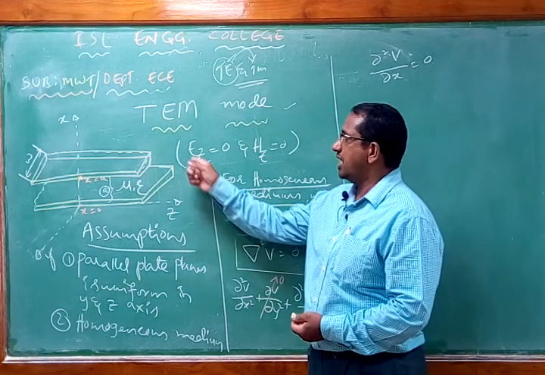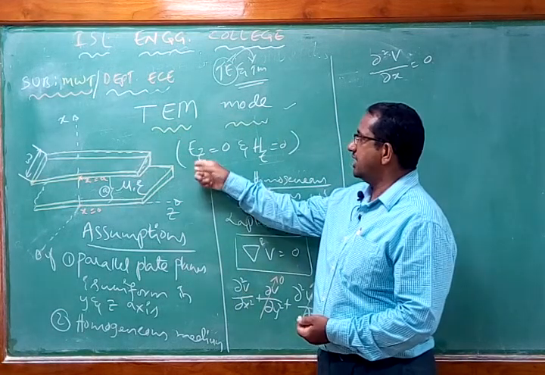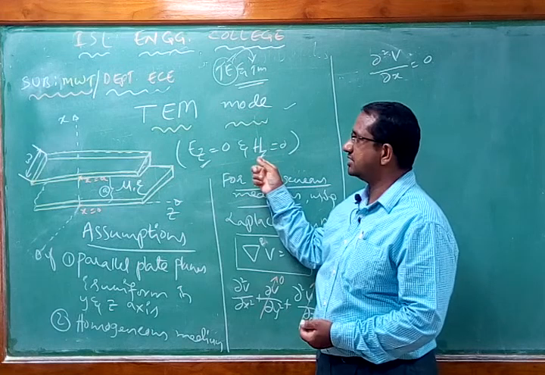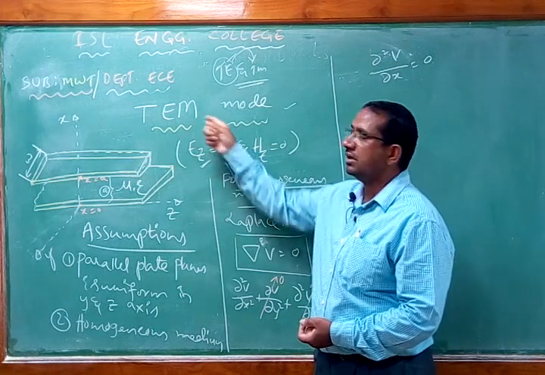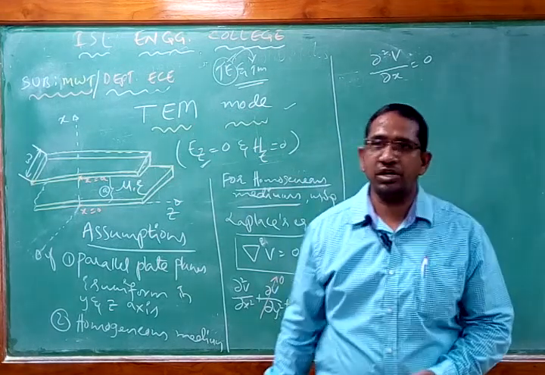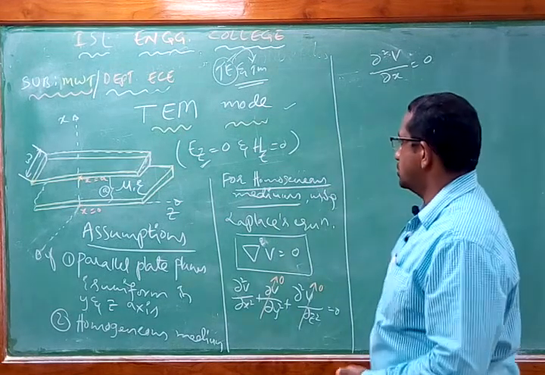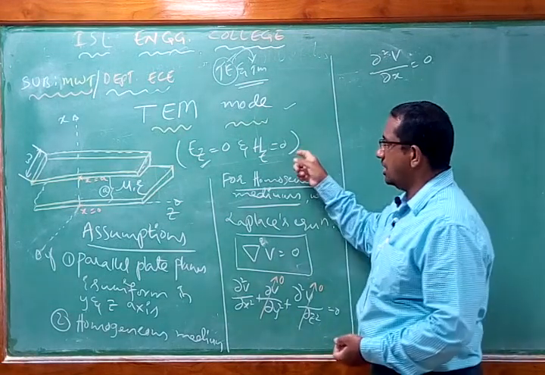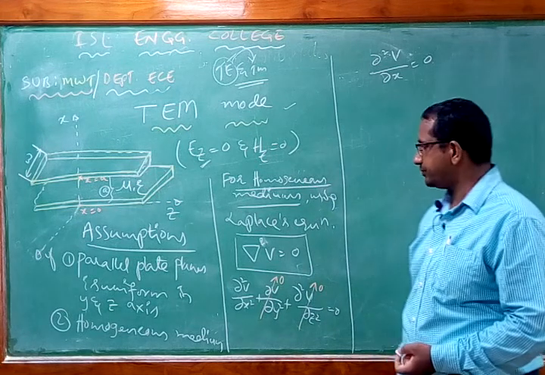That means the electric field along the z direction and the magnetic field along the z axis will be equal to 0 in TEM mode propagation. So this is the condition we take into consideration to start with.